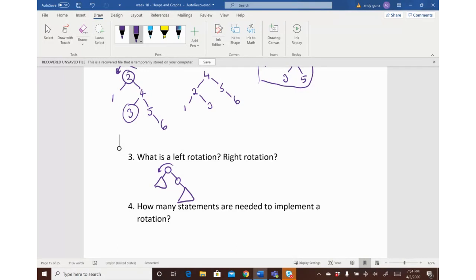I think I will ask you to take a look at the notes we did. You have to manipulate a root at least 2, but 3 is the number there. So you need 3 statements for each rotation. What that means is every rotation is a constant time operation. Go back and look at the notes that we did. We did a nice picture and showed you how it's done.